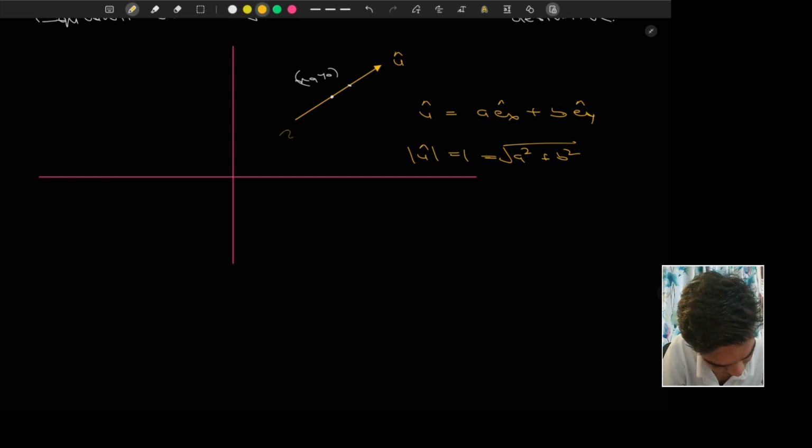So let me draw these vectors here. This is my u. Let me draw another vector in a different color so it will be visible.